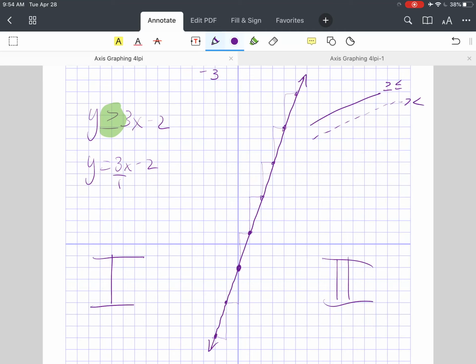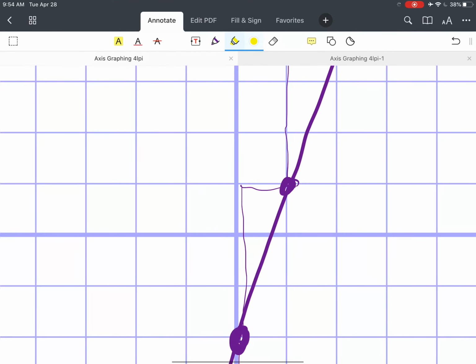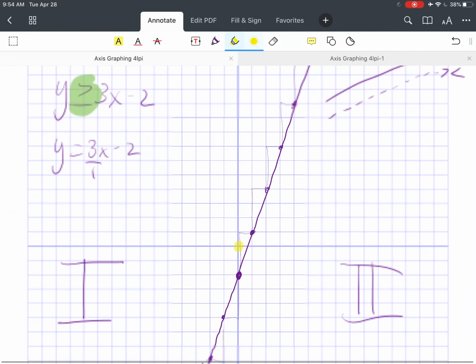On one of these sides, all of the solutions exist. And on the other side, none of them are solutions. What this means is, you can test a point, and it doesn't matter in which region it is. If you test one point, it should tell you whether it's a solution or not. It tells you basically where the solutions exist.